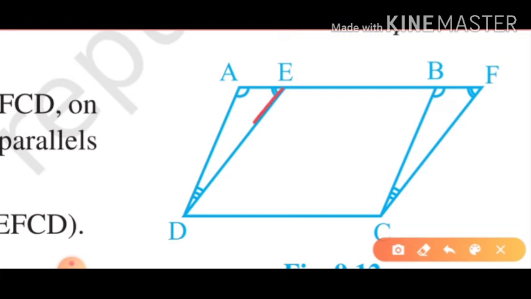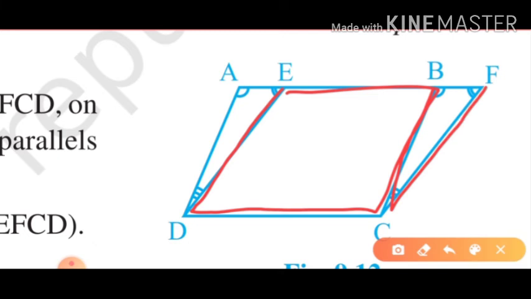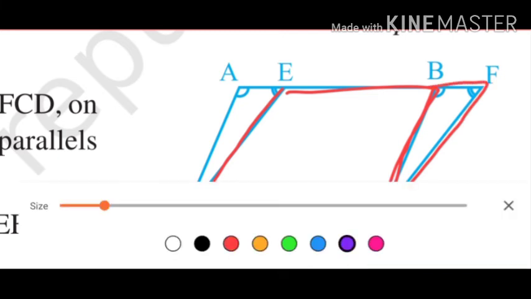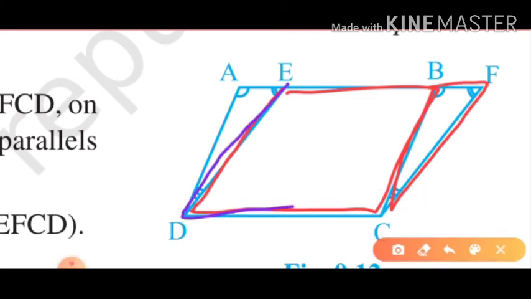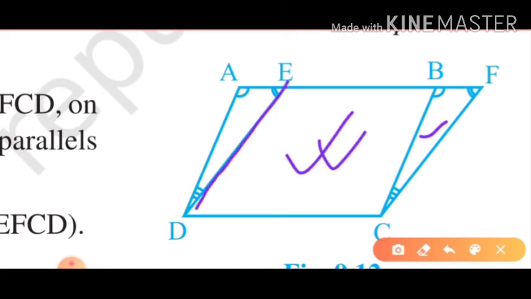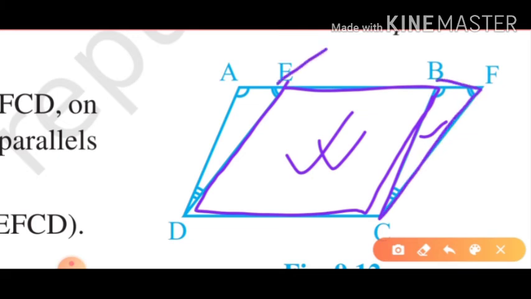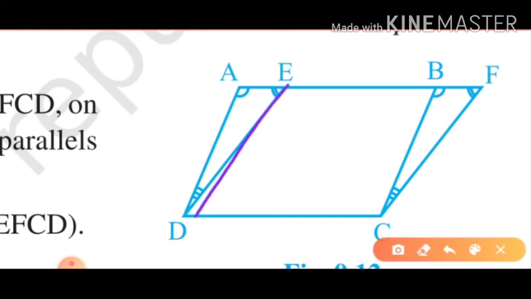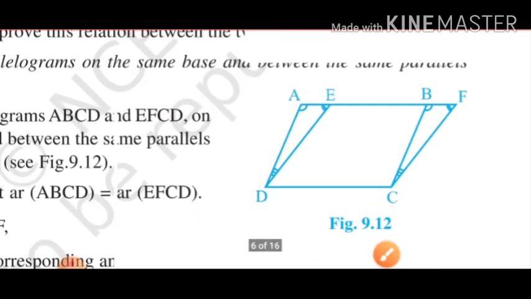This plus this will give us the entire parallelogram. What we are doing is adding this one and this one. This one means from here to here, and this triangle here will give us the entire parallelogram EFCD.